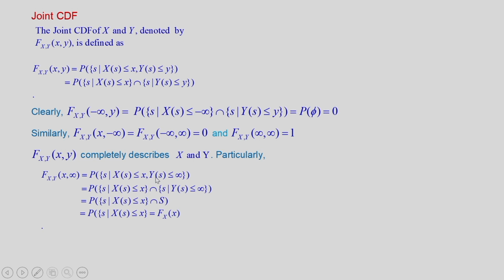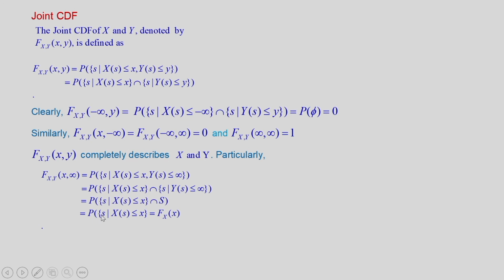This Y(s) less than or equal to infinity corresponds to the sample space. Therefore, we get the probability of s such that X(s) is less than or equal to small x, intersected with the sample space, and this will be any event. If we intersect with S, we get that event only.